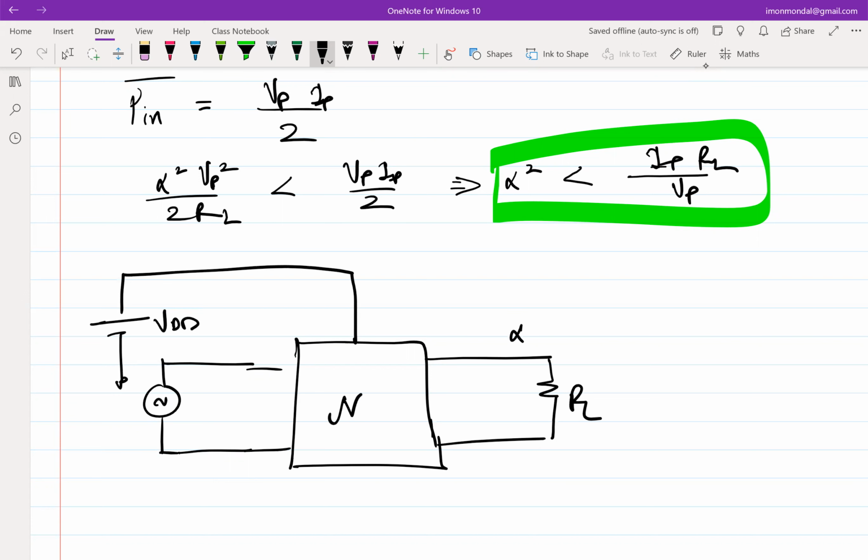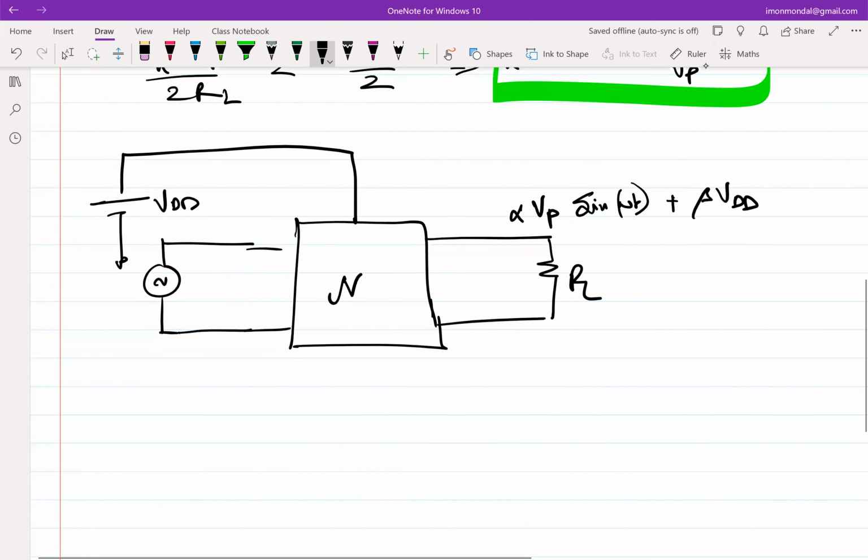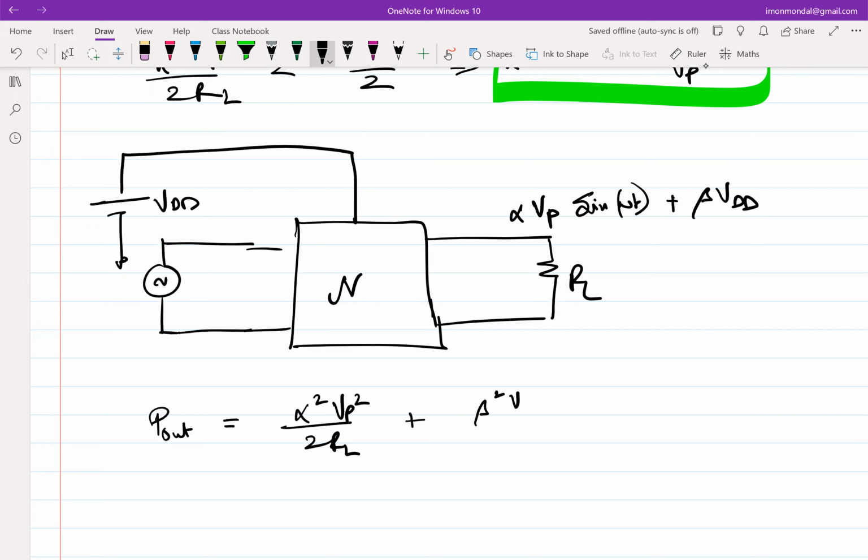I will get alpha times Vp sine omega t plus beta VDD. So without going into the detailed maths, what will be P out? Alpha squared Vp squared by twice RL plus beta squared VDD squared, right?